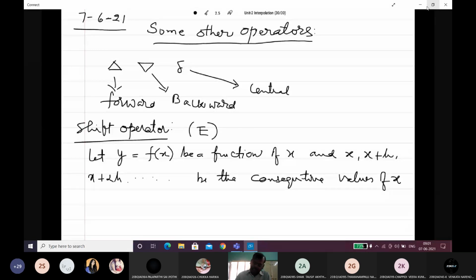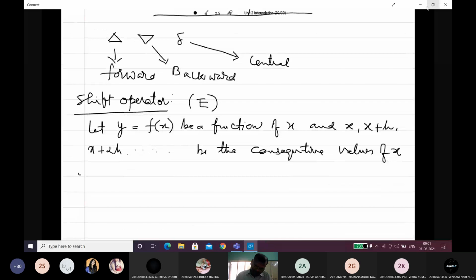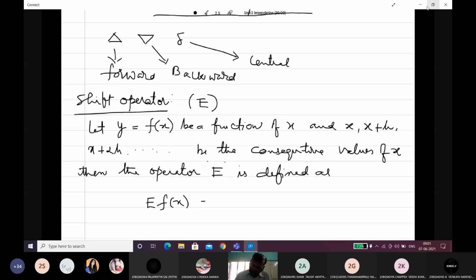Then the operator E is defined as E of f of x is equal to f of x plus h.